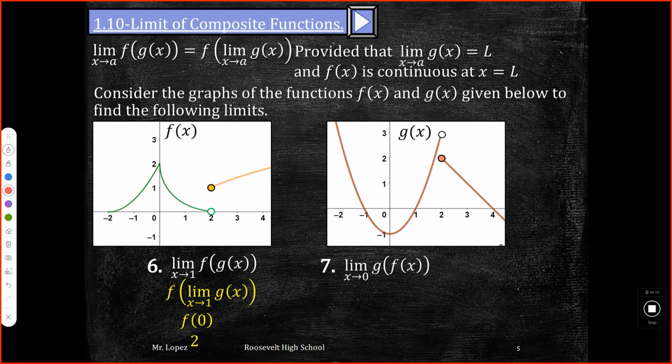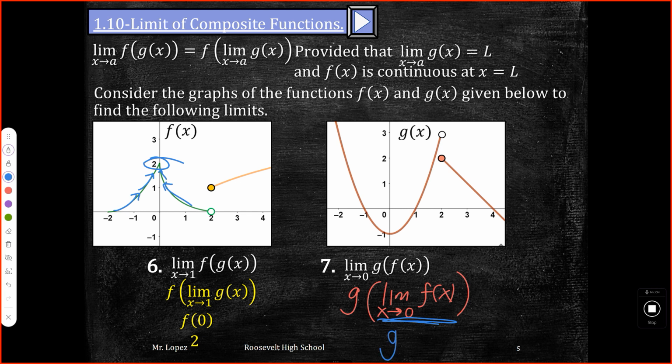Now, this is where it breaks down. Let's blindly follow this: g of the limit as x approaches 0 of f of x. As we get closer to 0, the limit of f is 2 here.